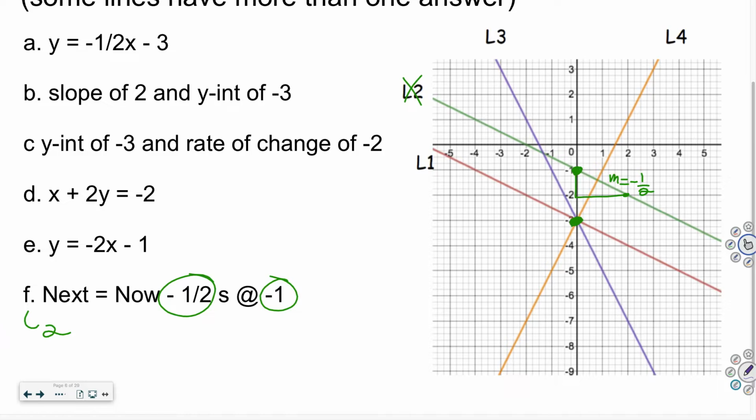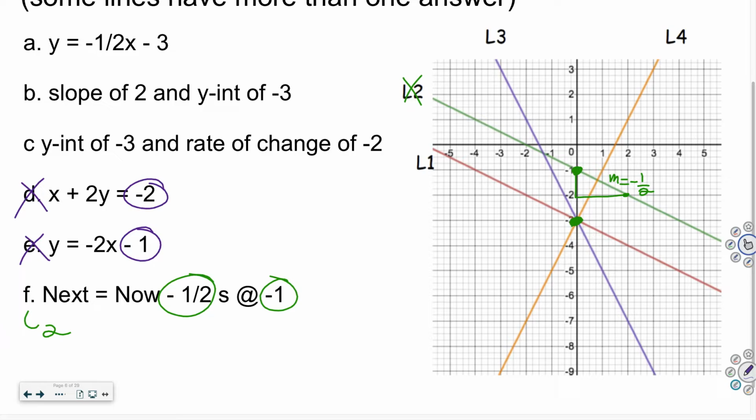This one has a y-intercept of -2, so it's gone. We're down to A, B, and C for the last 3 lines, and the only thing that's going to differentiate those 3 is their slopes.